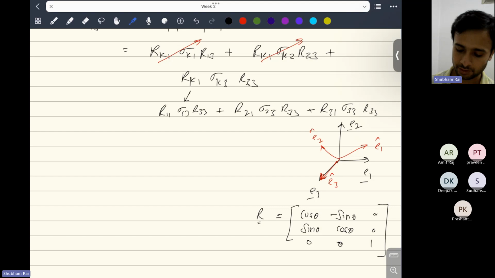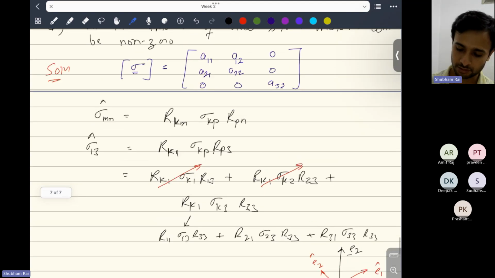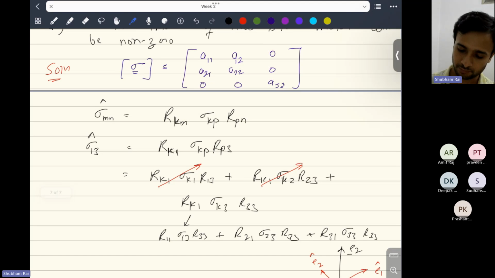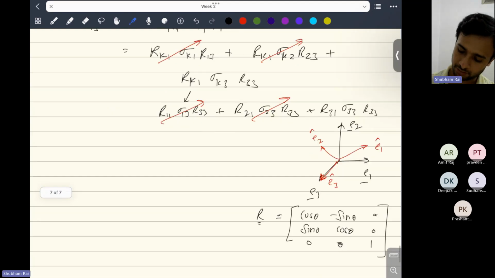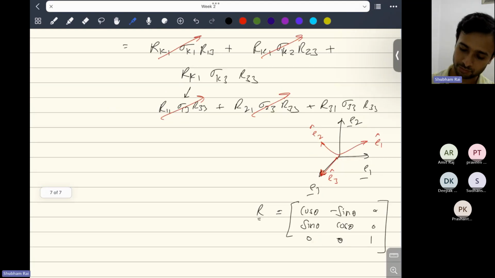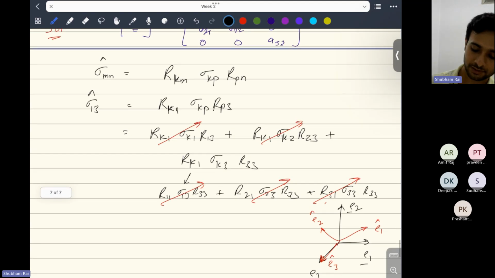So in this term, you see here that sigma 13 is 0, so this term will go to 0. And sigma 23 is also 0 here, so this term will go to 0. And here R31 is 0, so this term will also go to 0. So the whole thing will vanish. So that's why you will get sigma hat 13 equal to 0.